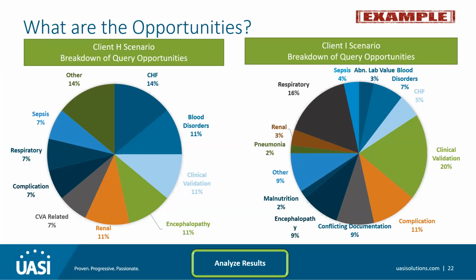You can de-identify everything so that you don't have PHI, or you're not publicly shaming any of your CDSs, but you can give examples so everyone can learn. In client I scenario, you can see that there's a bigger piece of the pie.